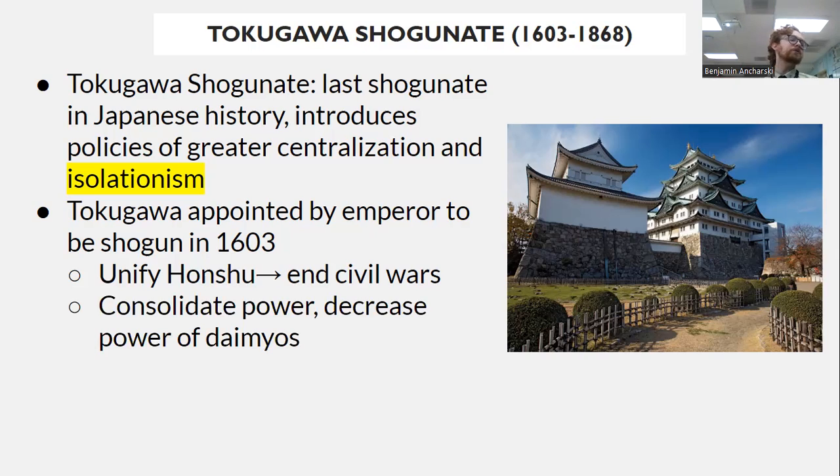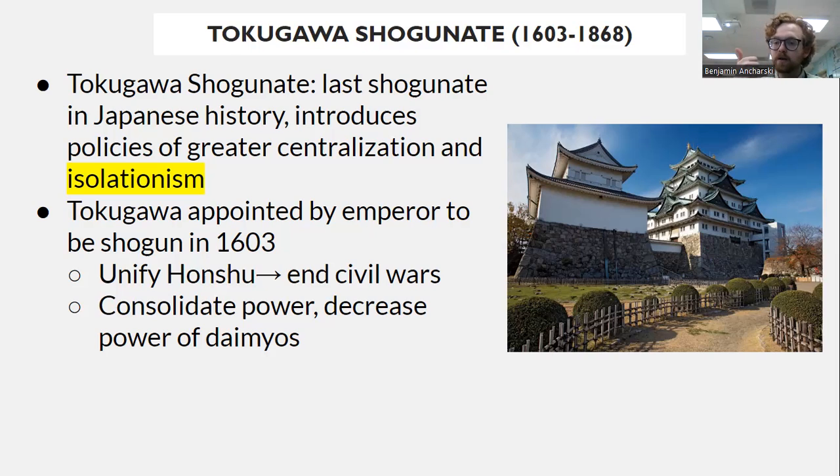But we generally do see a decrease in the influence of regional warlords, of the daimyos. And the daimyos do still exist. They still do exist under the Tokugawa shogunate. However, we do see that their military power is heavily restricted. Guns and swords are all locked up and distributed by the Tokugawa family. So we do see a consolidation of power, a decrease in the influence of daimyos.